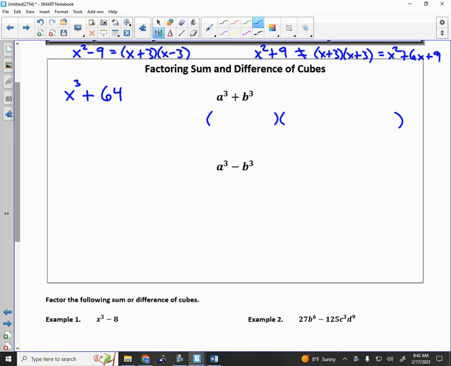What do you multiply by itself 3 times to get a cubed? Just a, right? What do you multiply by itself 3 times to get b cubed? b. Simple so far? If there's a plus sign here, there's a plus sign here.